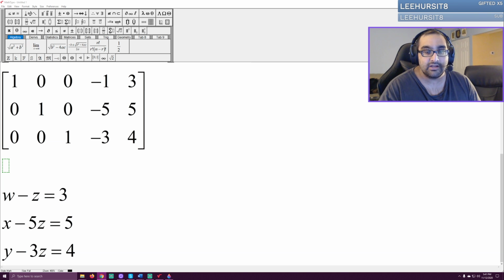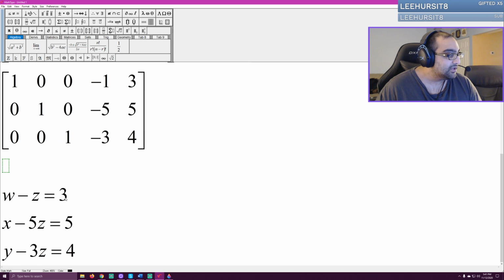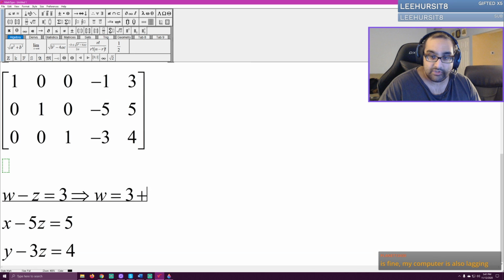Hence why we get infinite amount of solutions since z can be any number. So all we need to do here is just define it like so. We're just going to move everything that contains z over to the other side. So what this means is that for this first one, we get w is equal to 3 plus z.